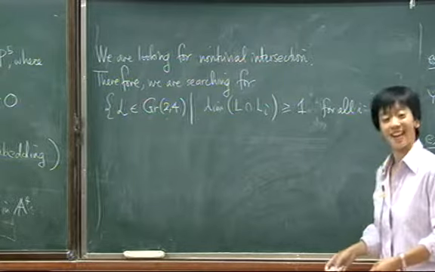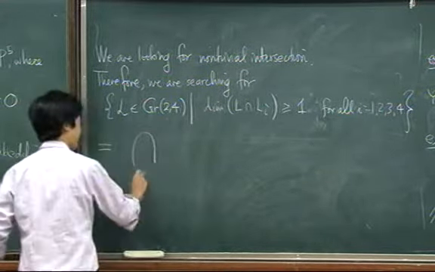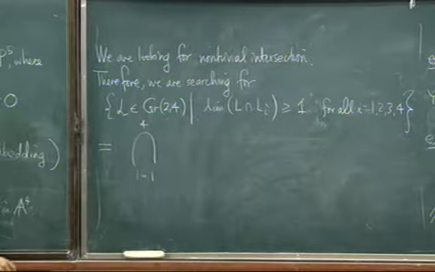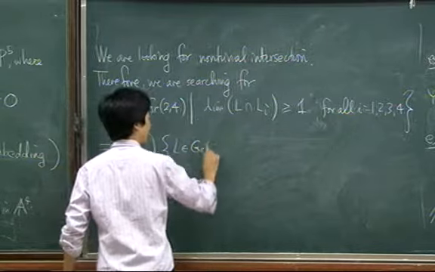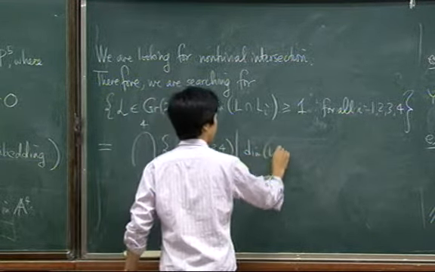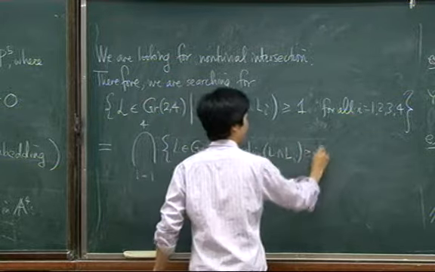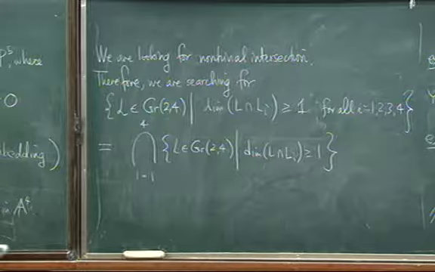Okay? Now, again, at the risk of saying something obvious, I will now write that this is, well, intersect from 1 to 4, those lines such that that one is at least this dimension. Okay?